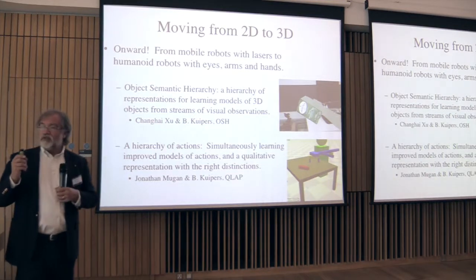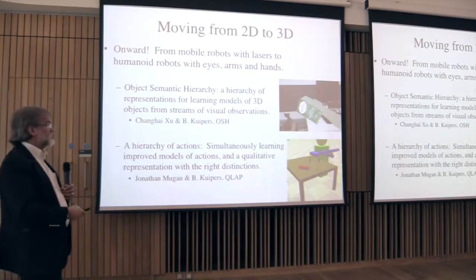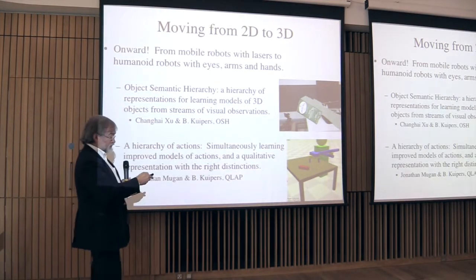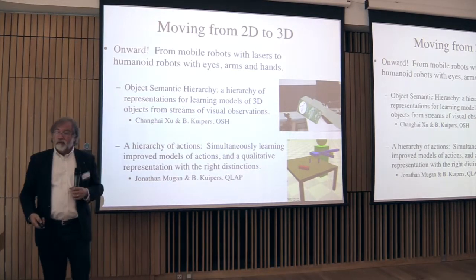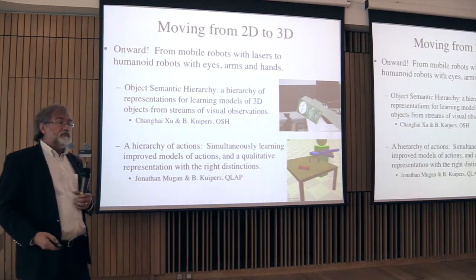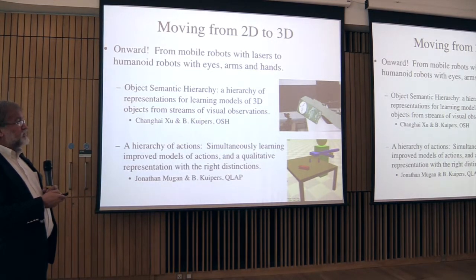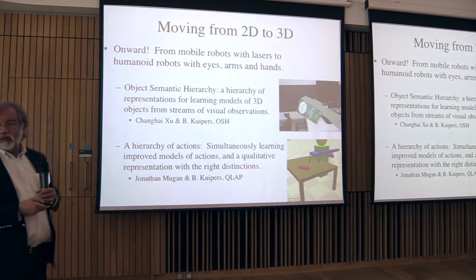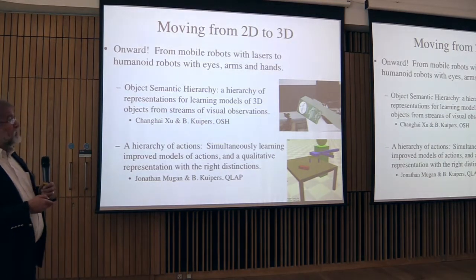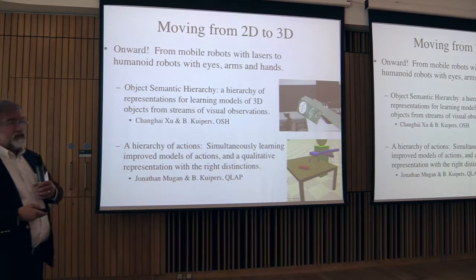One of the things I wanted to spend a little bit of time on, since I've only got a little time, is moving on from there. And so I won't spend much time on this, but we did decide to go on from mobile robots with lasers, which basically means they live in a 2D world, to a humanoid robot with eyes, arms, and hands.